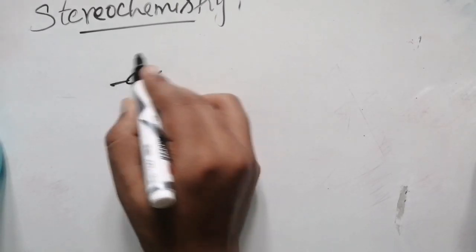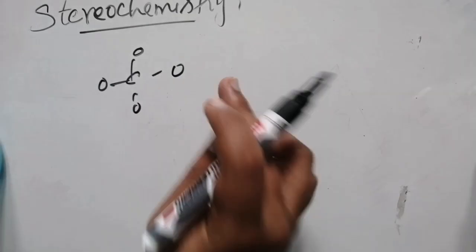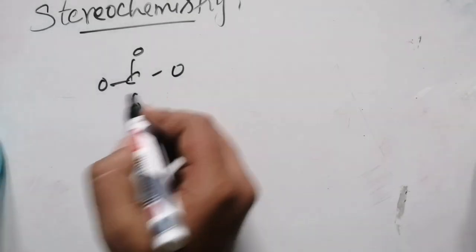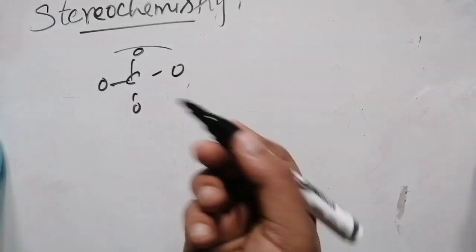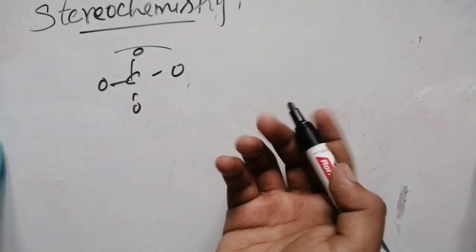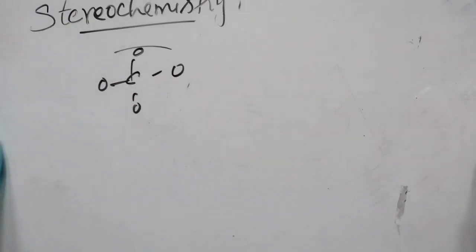My compound is arranged like this, and how the atoms are arranged in space, how they are there in reality, all that study is called stereochemistry.